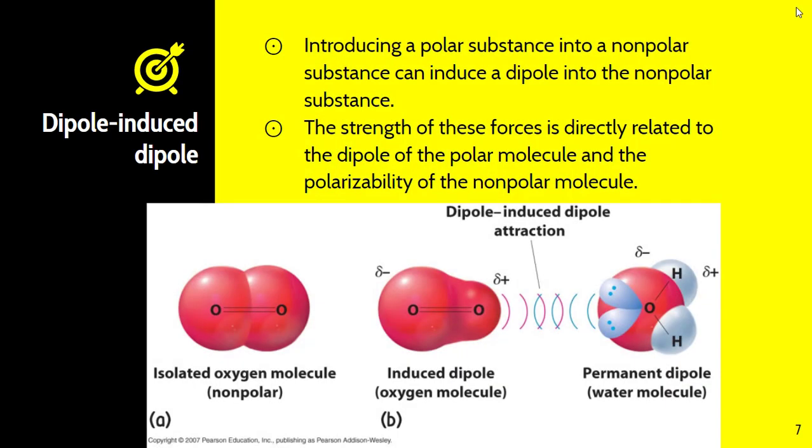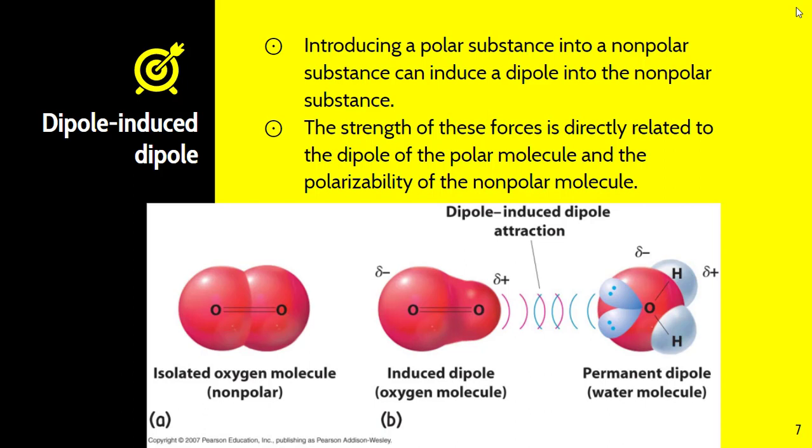Now, introducing a polar substance to a nonpolar substance can induce a dipole in the nonpolar substance. That's called a dipole-induced dipole. So if we take a look at the bottom here, a molecule of water is introduced to a molecule of oxygen. Now, the isolated oxygen is nonpolar, but you can induce a dipole in it because the water molecule has a permanent dipole. The electrons on the top are relatively negative.